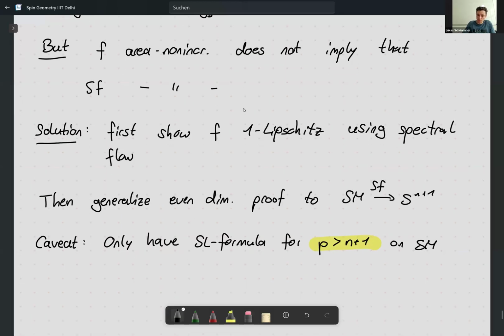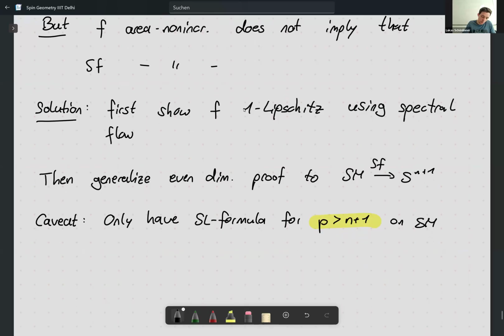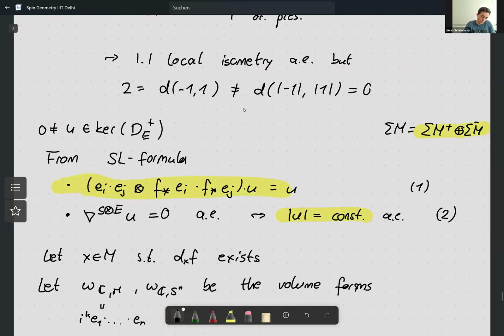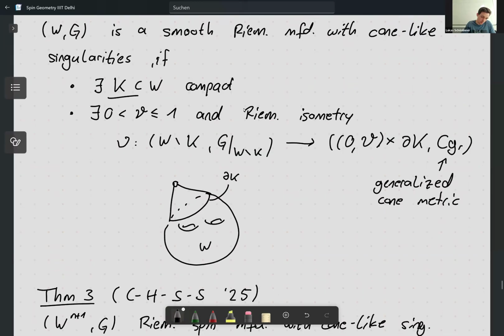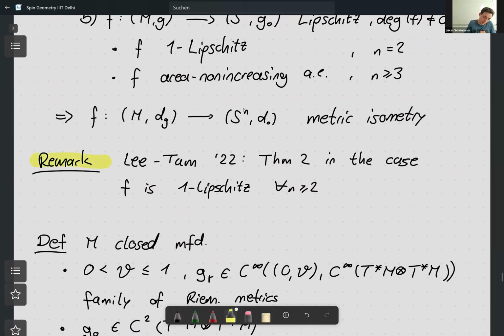One has to probably refine the analysis a bit. But we didn't go through with it because, with the small remark I showed you before, Lee and Tam showed the theorem in the case where F is 1-Lipschitz.